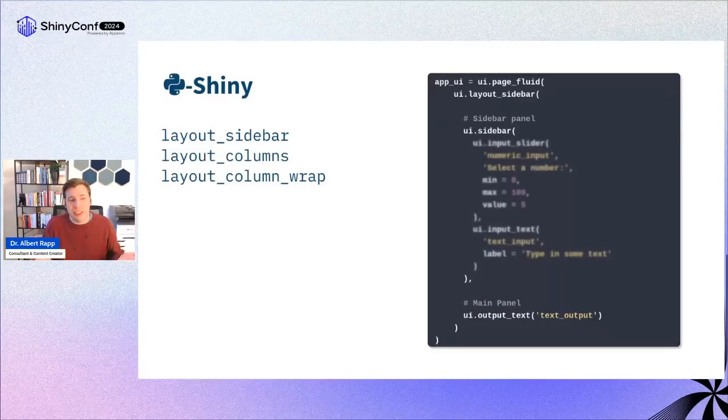And the answer is yes. With layout underscore, you have all the layouts available to you. And in this case, the syntax is more or less the same as in R. You stick all of the things that you want to have in the sidebar into this sidebar function, and everything else that should go into the main panel just stays within the layout sidebar function.